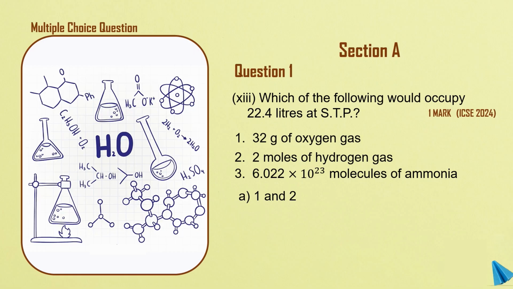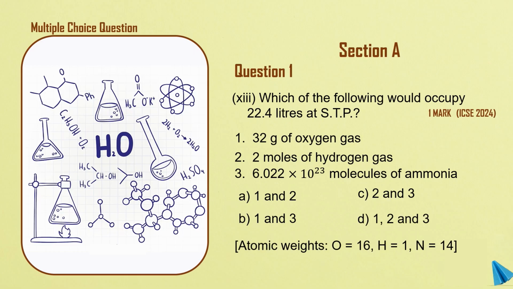So there are 3 statements here. The first option says 1 and 2 both are correct. The second option says 1 and 3 both are correct. The third option says 2 and 3 are correct. The fourth option says all 3 of them are correct. Here the atomic weights are also given to you. For oxygen 16, hydrogen 1, nitrogen 14.